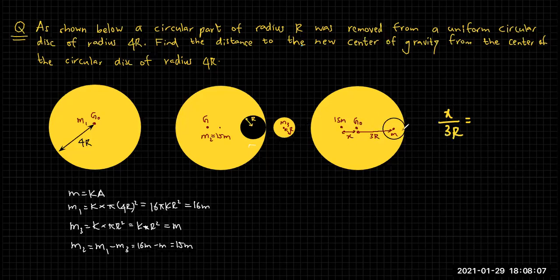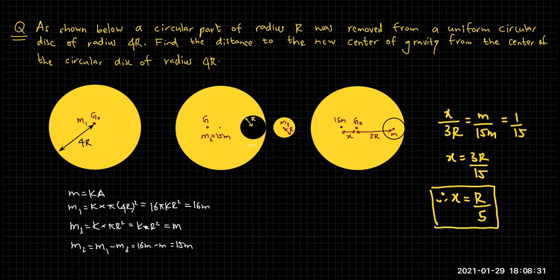X is to 3r is going to be M is to 15M. So I'm getting 1 over 15 here. Therefore, x is equal to 3r over 15. Therefore, the final answer for x is going to be r by 5.